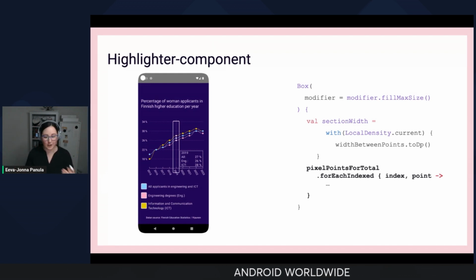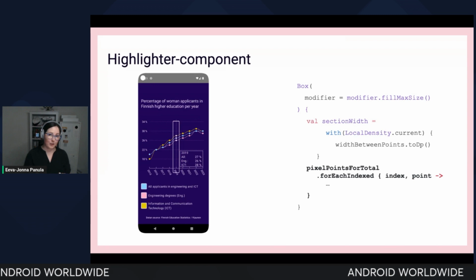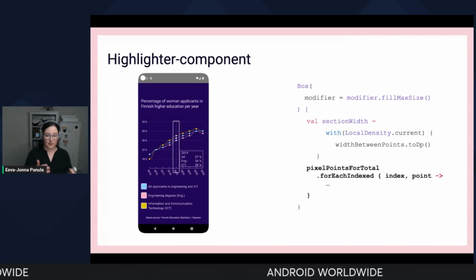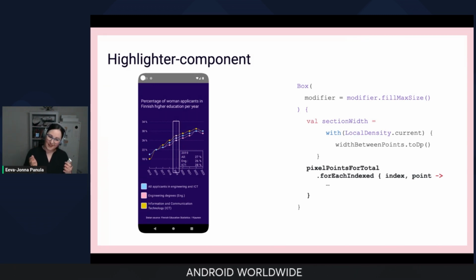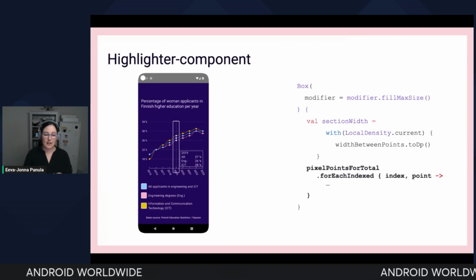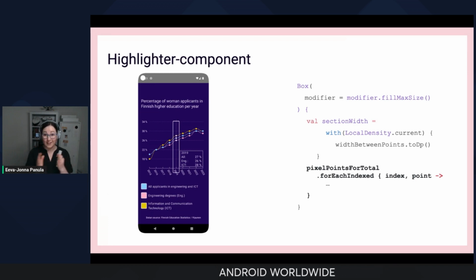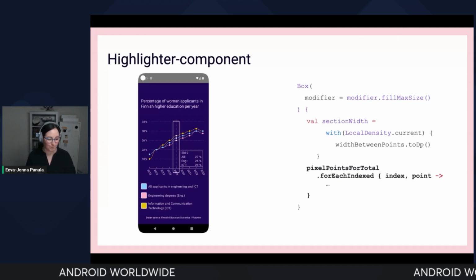And we are using for each indexed for going through the list, because we need the index value later, because we need to access data from the same index from the other lists. And then we also need the point so that we can actually do things for that 1 year. So the year highlighter, I'm gonna call it.